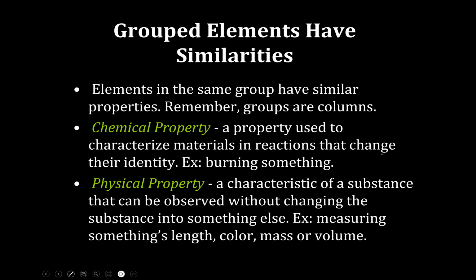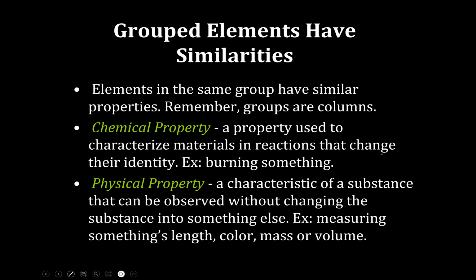Physical properties are characteristics of something that can be observed without changing the substance into something else. For example, if you measure the length of something, that is a physical property. Or you measure the color, or the mass or volume, that is a physical property, not chemical. So elements are grouped based on their physical and chemical properties.